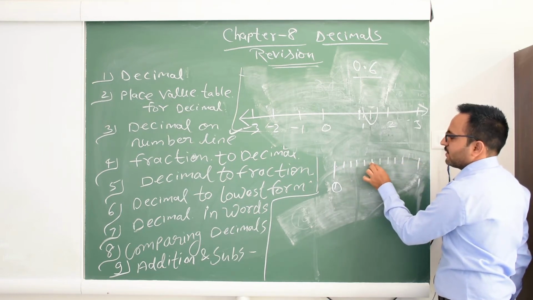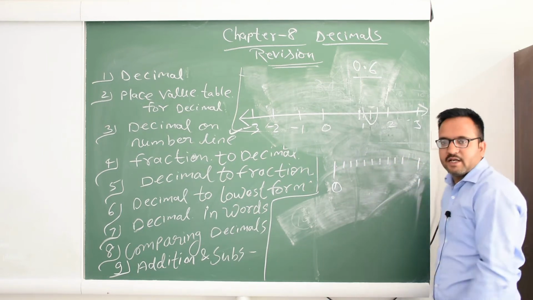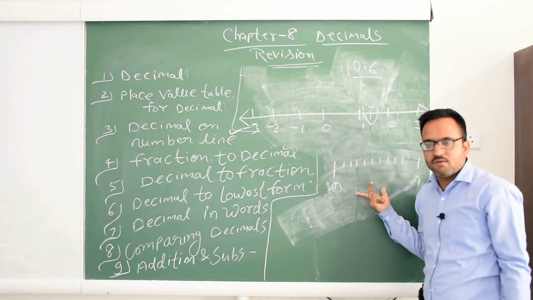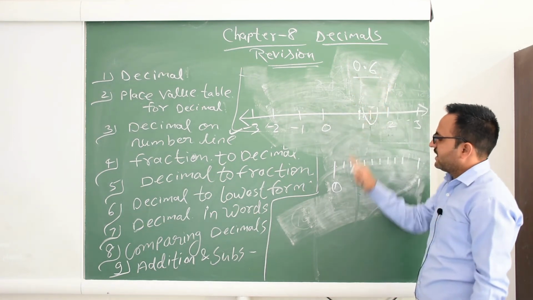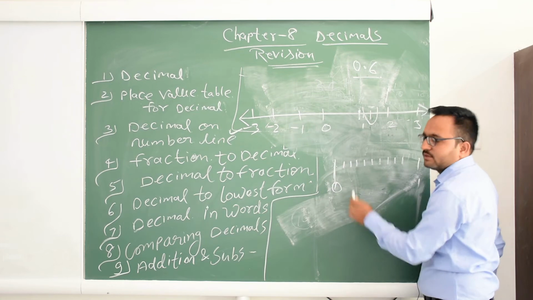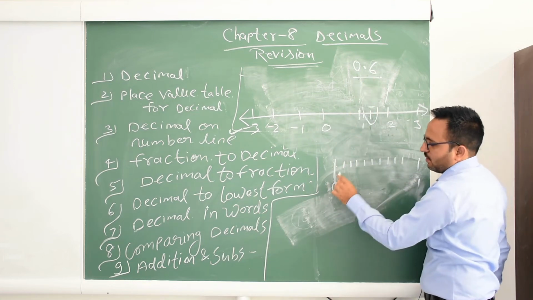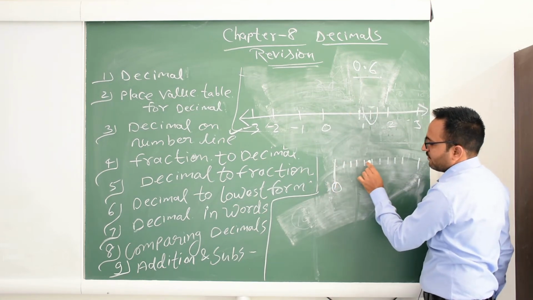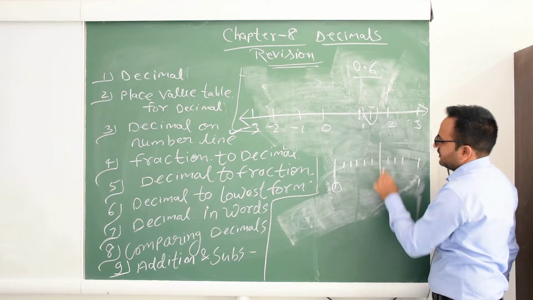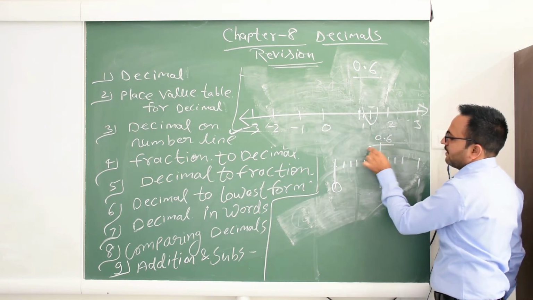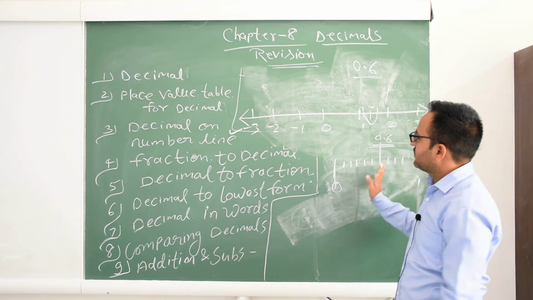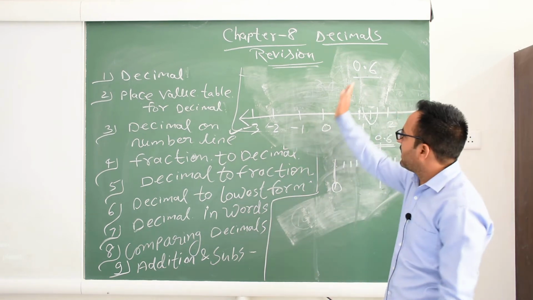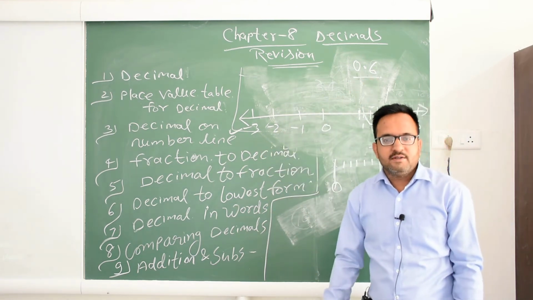This is your 0.6. From 0, count 6 lines, 1, 2, 3, 4, 5 and 6. So this number is 0.6. This is the method to mark any decimal on the number line.